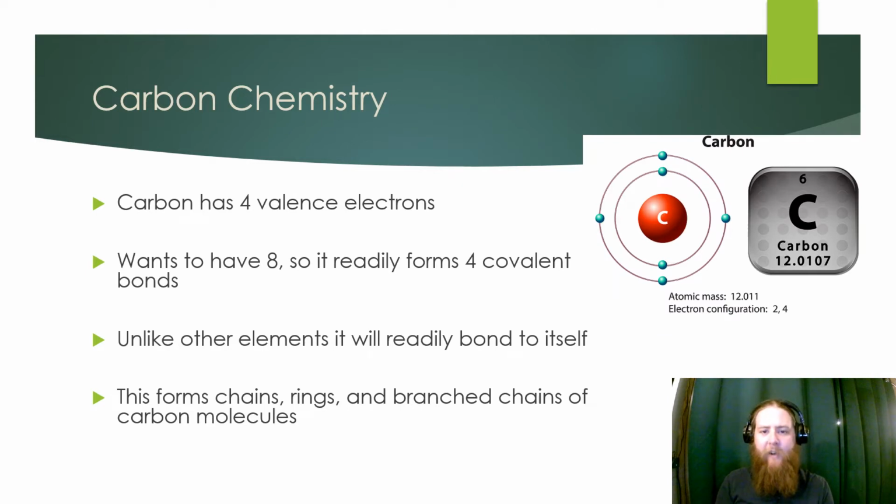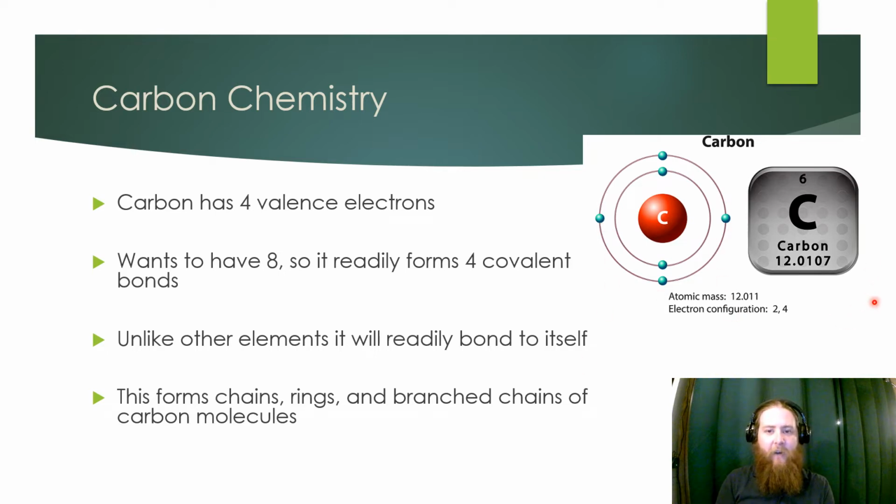All right, so we need to talk about the element of carbon. We need to talk about why carbon is important for the biochemistry of the body of all living organisms. Carbon has 4 valence electrons, these electrons that are on the outside edge of it. It wants to get 8 electrons on the outside here, so it wants to form 4 bonds. One here, one here, one here, and one here.